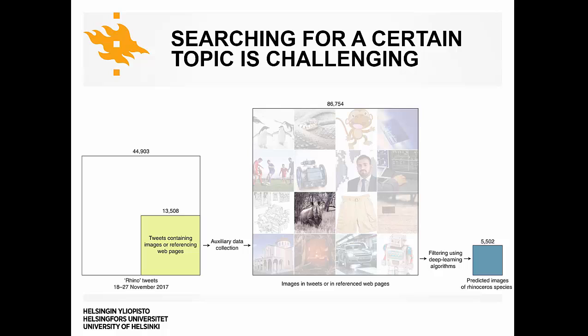And if we would like to search for something specific, like in our project on illegal wildlife trade, with a few papers coming out just now on how social media data could be used in that, which is Enrico's project, finding a rhino, for example, from the extensive mass of data is really difficult and requires a lot of work and filtering in order to get that out.